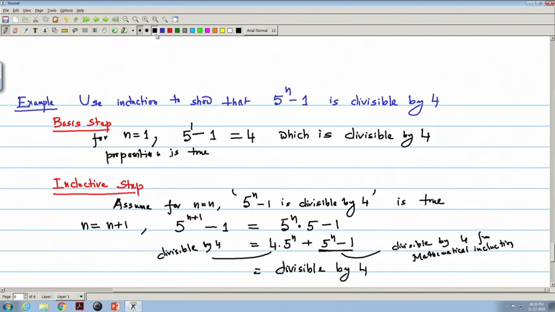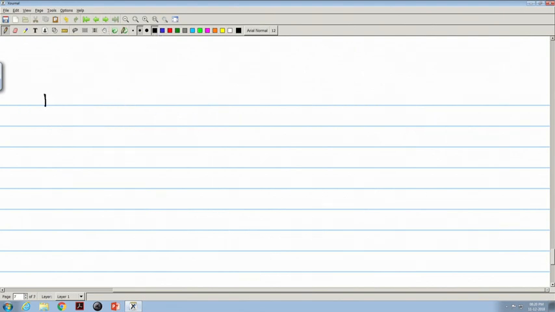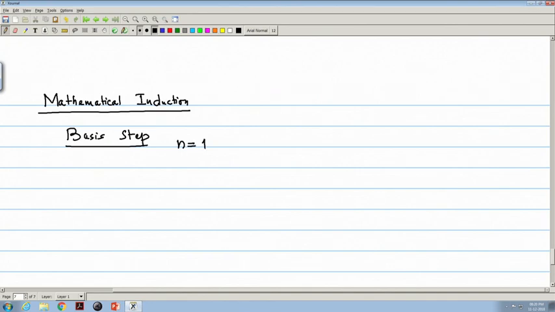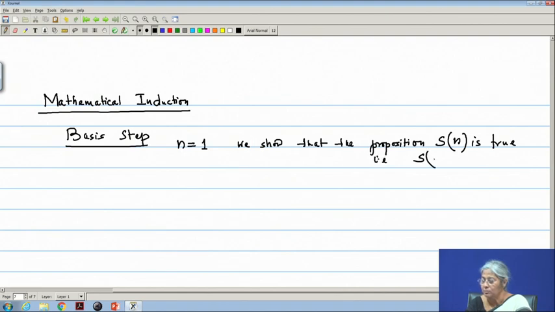So, how to use mathematical induction: for the basis step, for some basic value of n, normally n equal to 1, we show that the proposition, that means the given statement or formula Sn, is true, that means S1 is true.